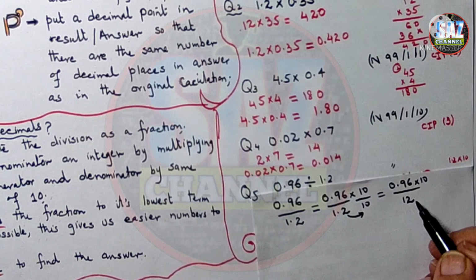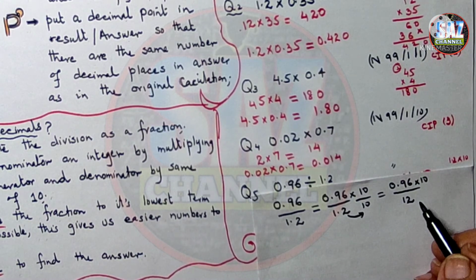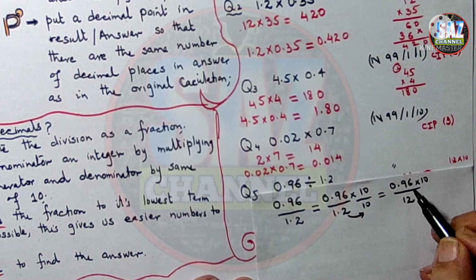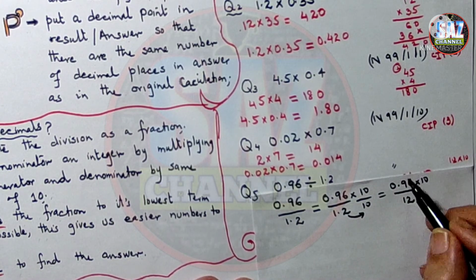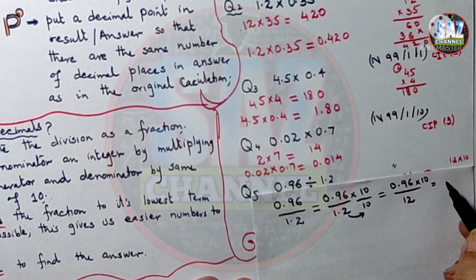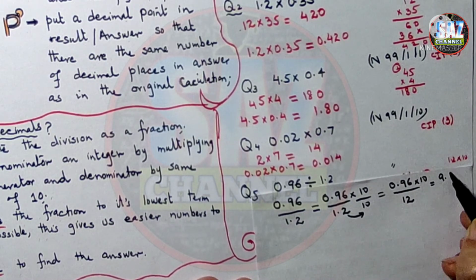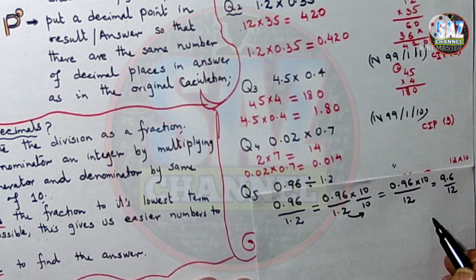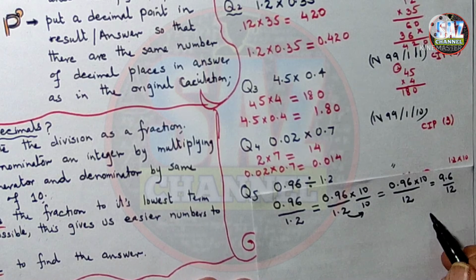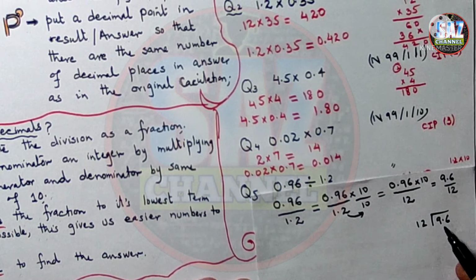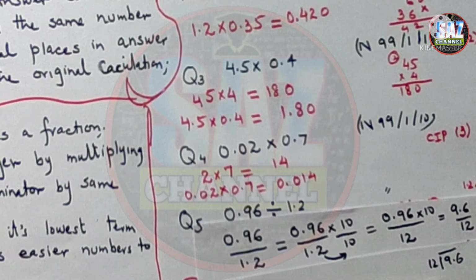Now when I multiply 0.96 by 10, it will become 9.6, because when we are multiplying with powers of 10, the decimal moves towards the right hand side. 9.6 divided by 12. And now we know how to divide the numbers easily. 9.6 divided by 12. Okay, look, 9 is smaller than 12.